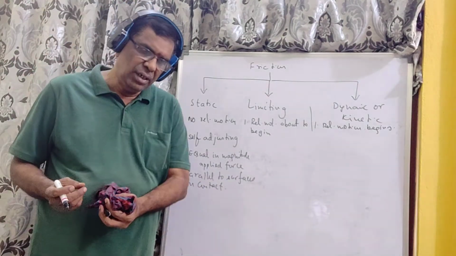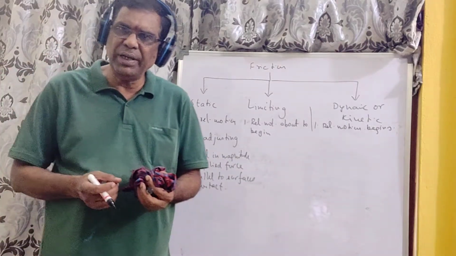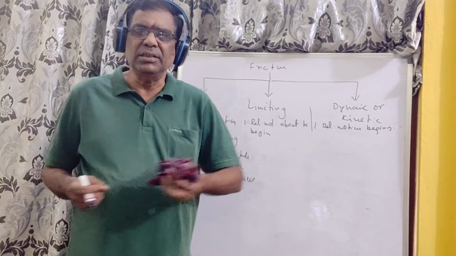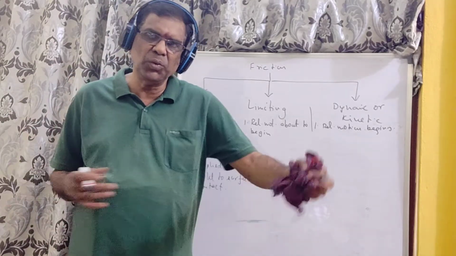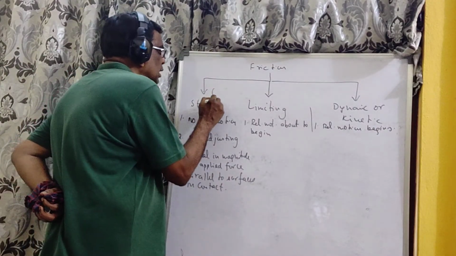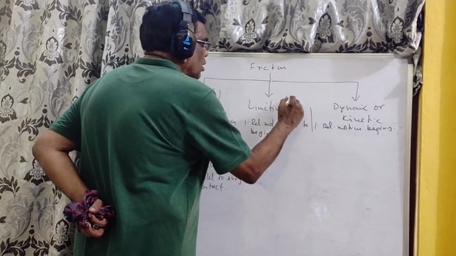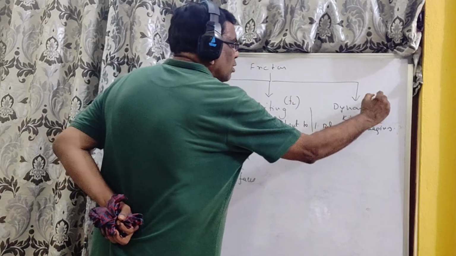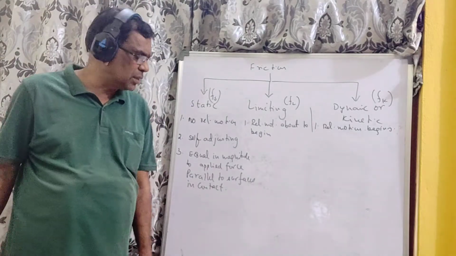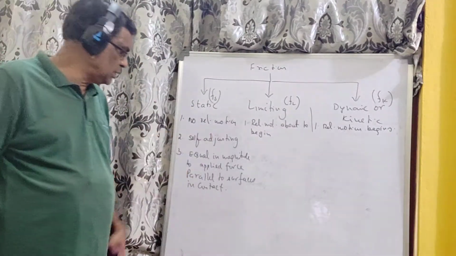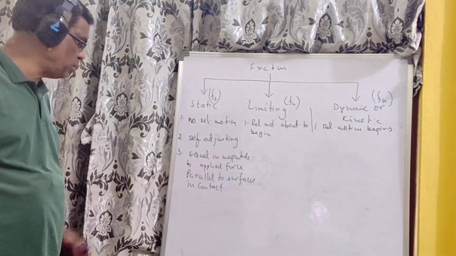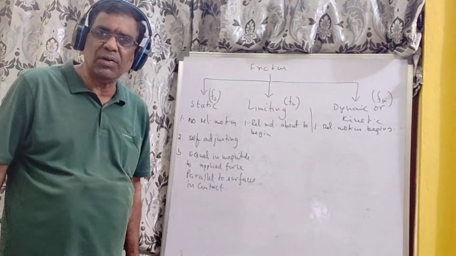I've just told you, I'm applying a horizontal force, and the horizontal opposing force here is maybe 10, this is 10, 5, this is 5, 1, 1, 2, 2, 0, 0. We will call this Fs, we will call this Fl, we will call this Fk in our discussion. Okay? So self-adjusting force equal in magnitude to applied force parallel to the surfaces in contact.